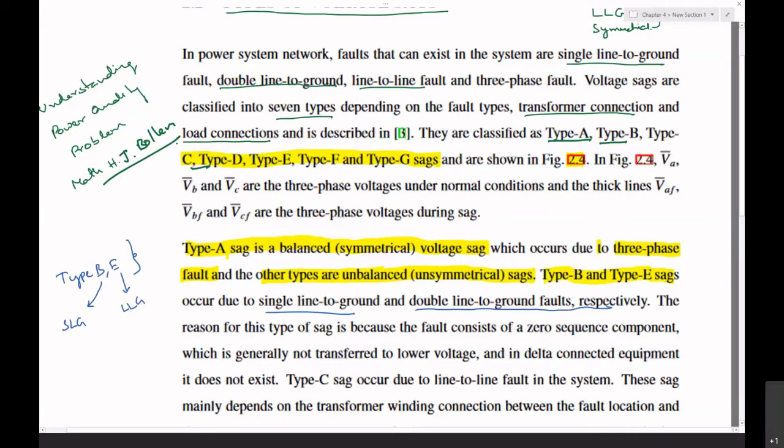The reason for this type of sag is that the fault consists of a zero sequence component, which is generally not transformed to the lower voltages, and in delta connected equipment it does not exist.